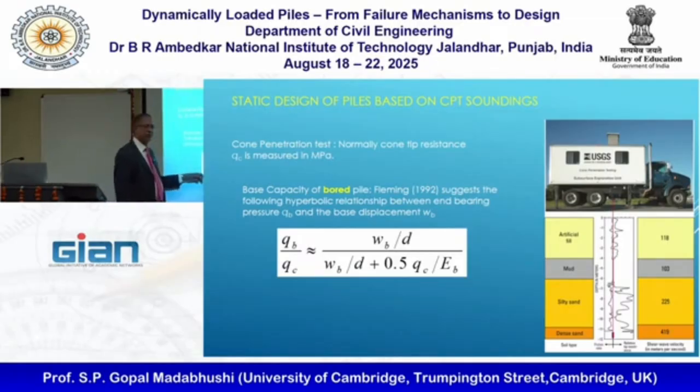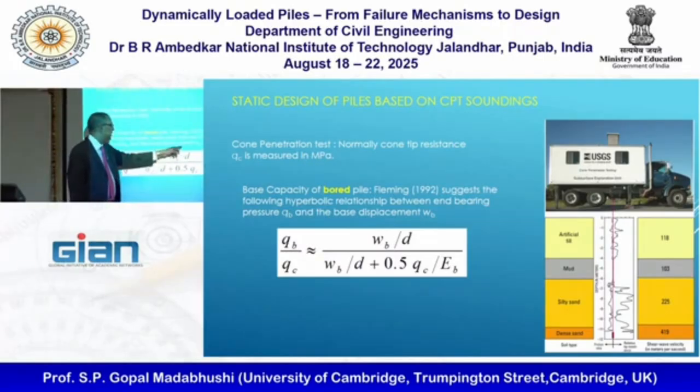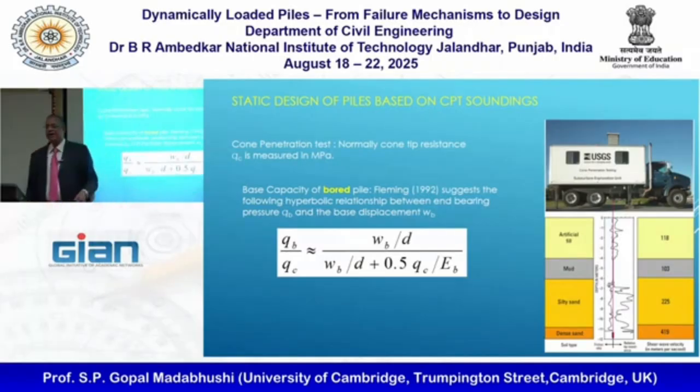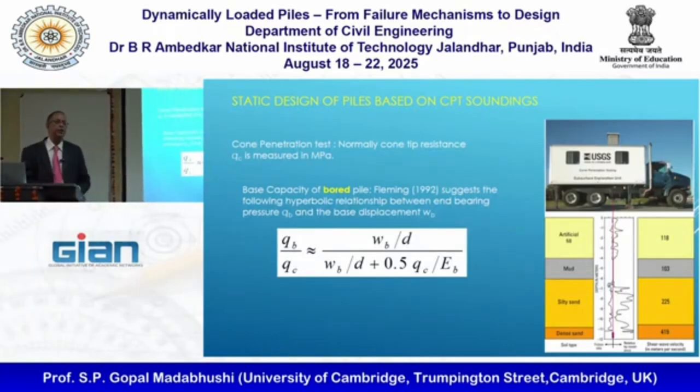So QB over QC is a ratio that's approximately equal to the displacement I'm going to get at the base of the pile normalized with the pile diameter. Same here, plus 0.5 QC over EB. EB is the Young's modulus of the material. If it is concrete, then you use the Young's modulus of the concrete there. So this is a nice correlated link to the CPT. So if I have QC, I can basically get what QB is based on that for different diameter piles.